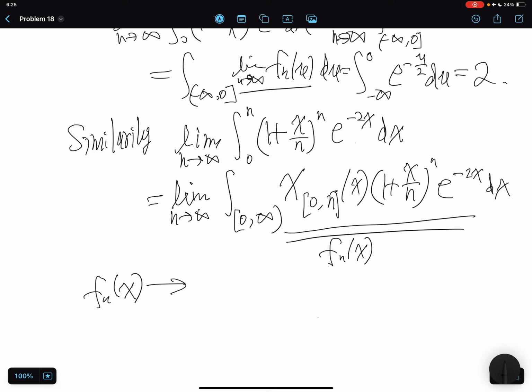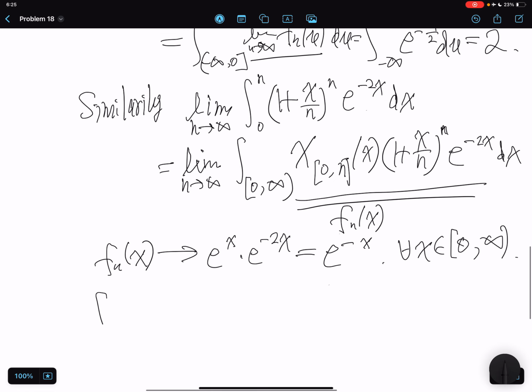And this also goes to what? (1 + x/n)^n goes to e^x, right? And then times e^(-2x). So it goes to e^(-x) for all x in 0 to infinity.